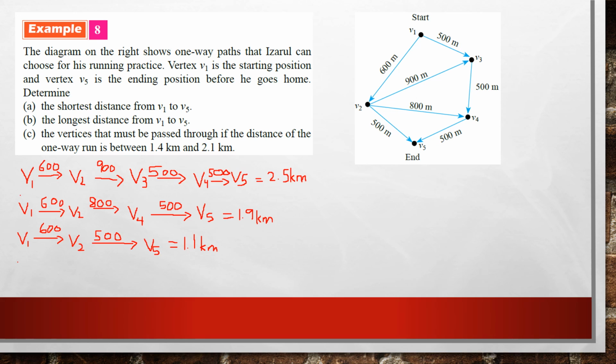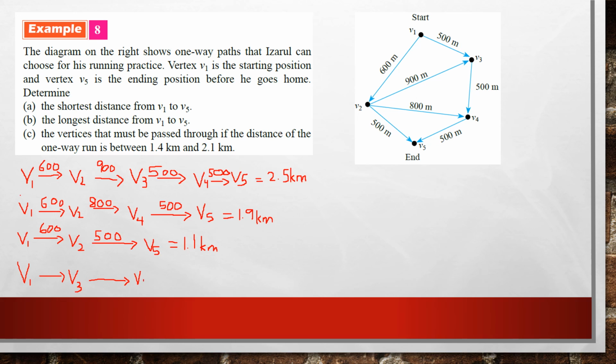Then we also have another way, that is from V1. We don't go to V2, but we go to V3. Look at the arrow. We can go to V3. After V3, there's no other way. You must go to V4.